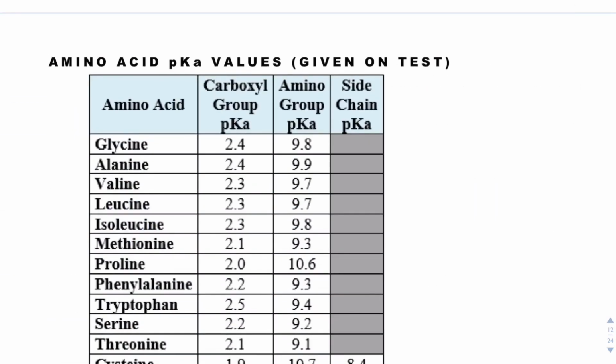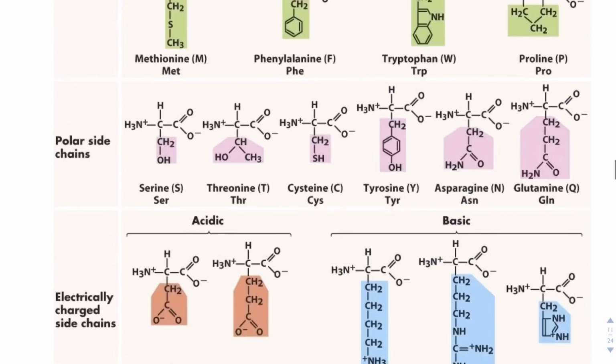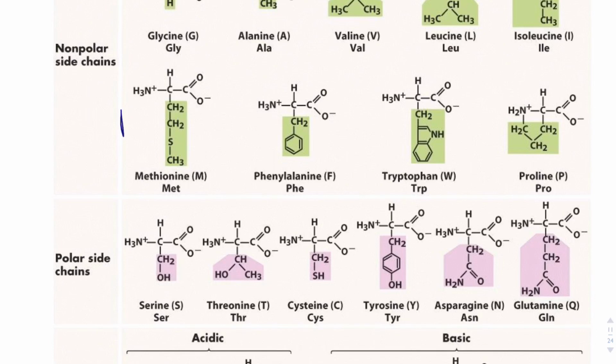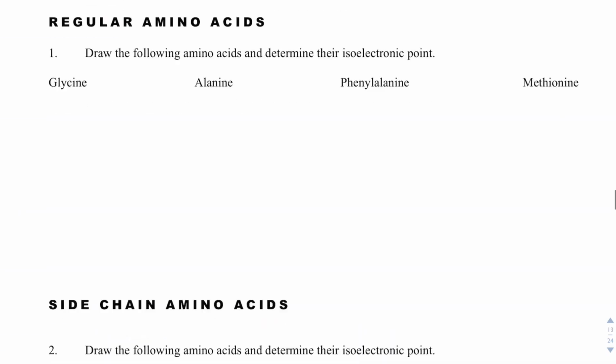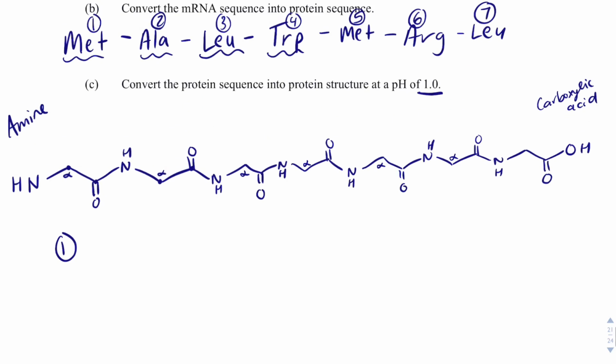And I'm looking at each amino acid. So there's methionine. It's 2 carbons, a sulfur, and then a methyl. Okay, so what will that look like here? One carbon, 2 carbons, a sulfur, and then a methyl group.